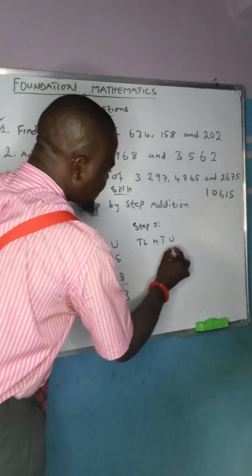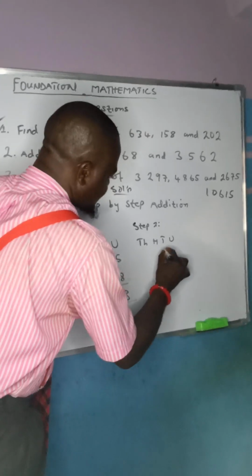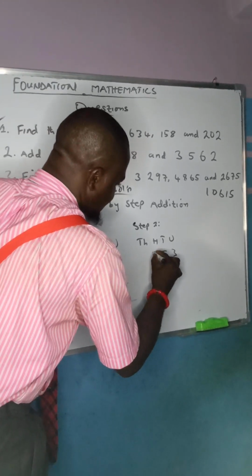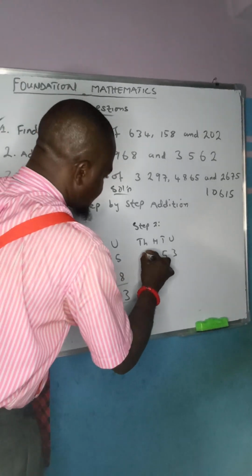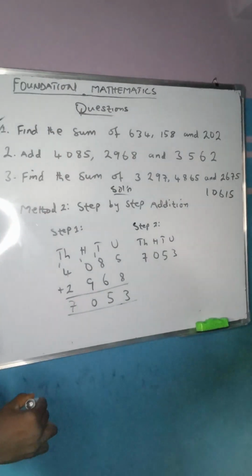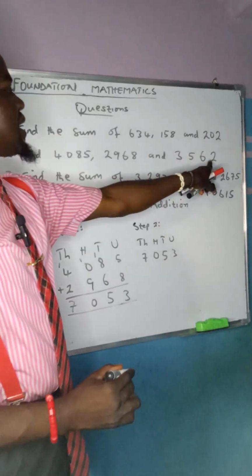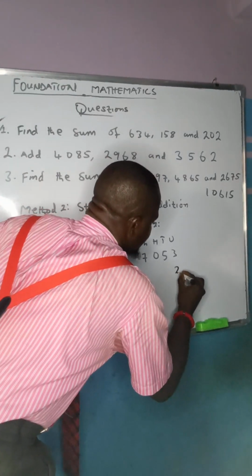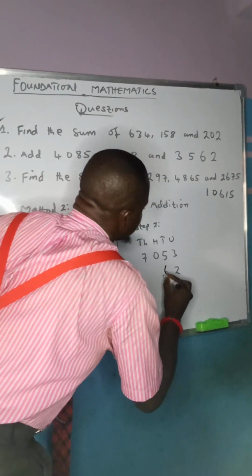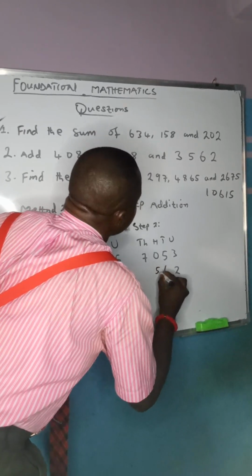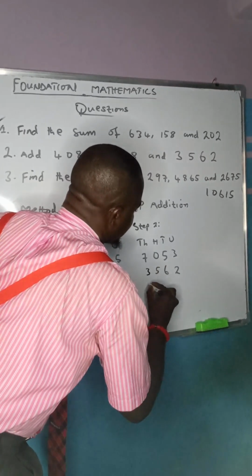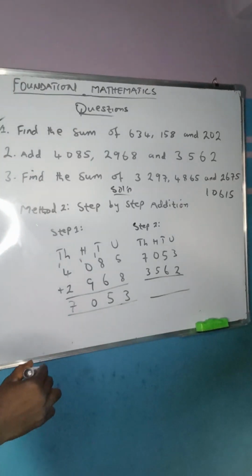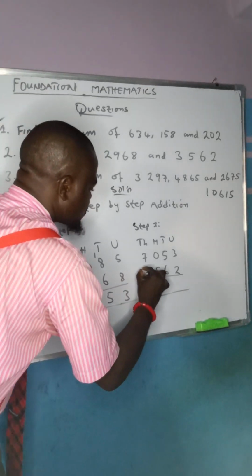Start from the unit, which is 3, the tens, which is 5, the 100, which is 0, and the 1,000, which is 7. When you are done, say bring this last number. Start from the unit, which is 2, 6, 5, and 3. You add your plus.